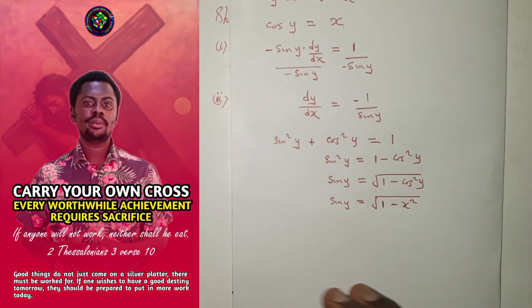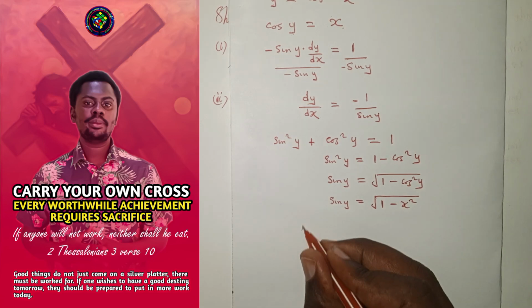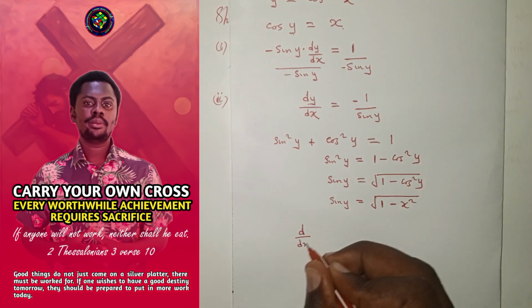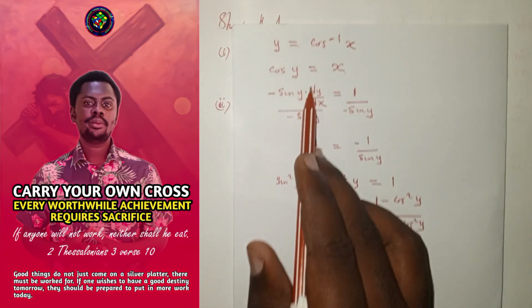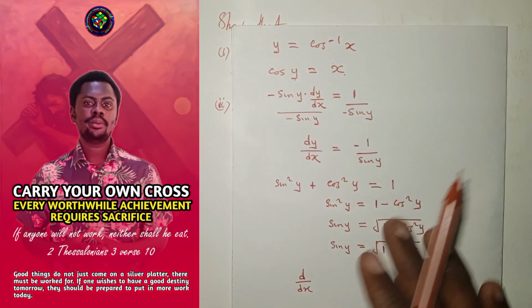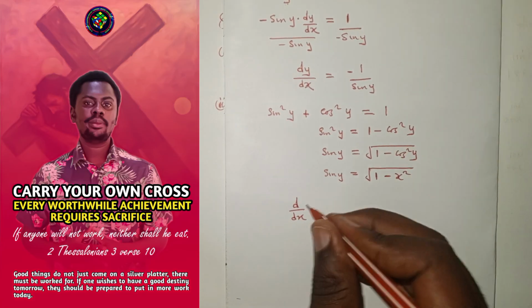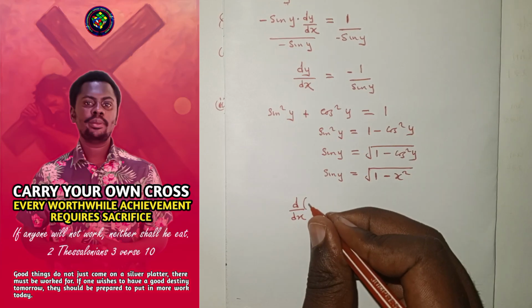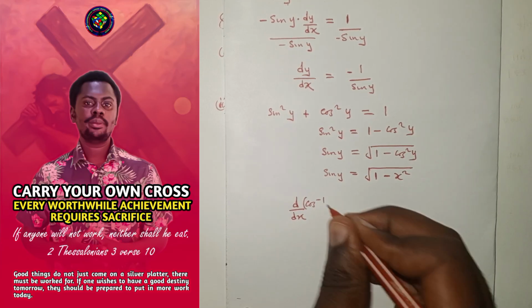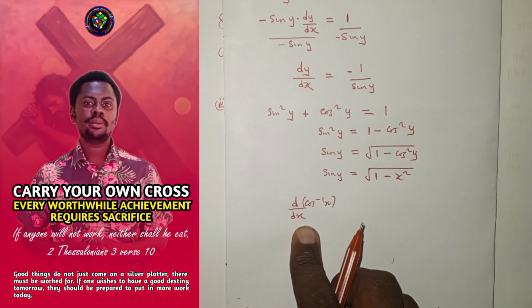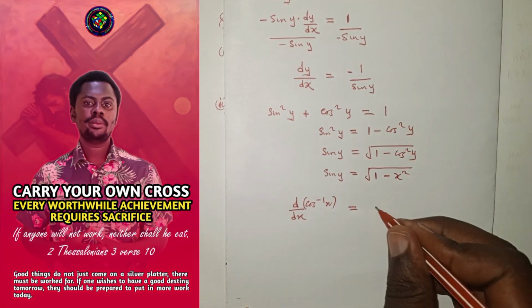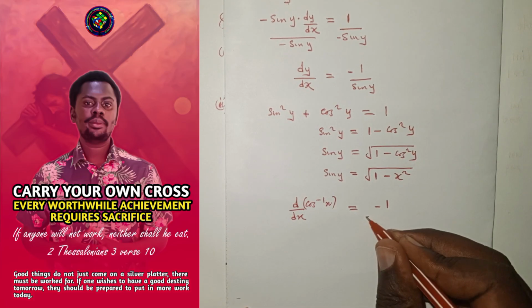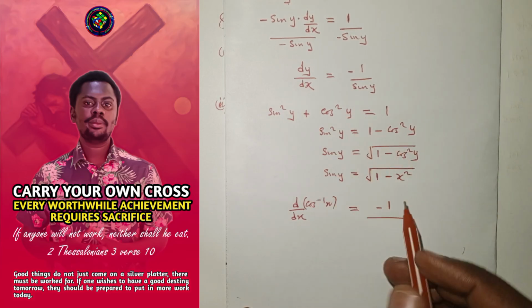Okay, therefore our dy dx, we know that y is cosine inverse of x. So d of cosine inverse of x with respect to x is equal to, we have negative 1 over sine y.